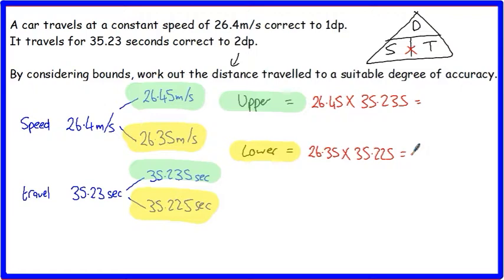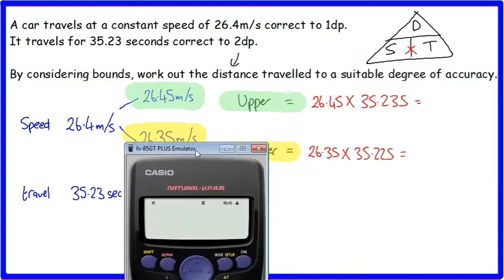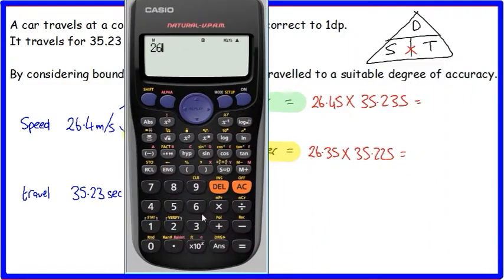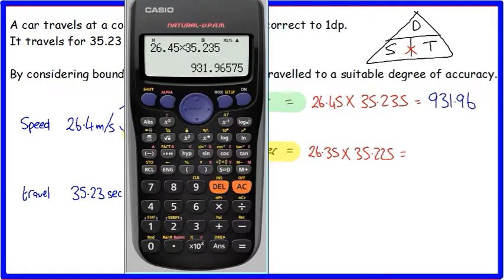Okay, I'm going to write these answers down. So we would check our calculation. 26.45 multiplied by 35.235 gives me 931.96. I'm just going to write a little bit more just in case I need it, 57.